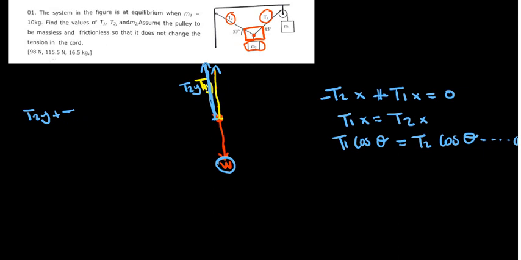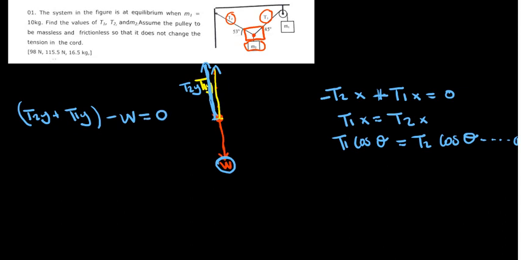Okay, let me just erase. So this is T2. Okay, I made a mistake. T1. If we sum up this one, then if we subtract the weight force, they should be able to give us a 0.